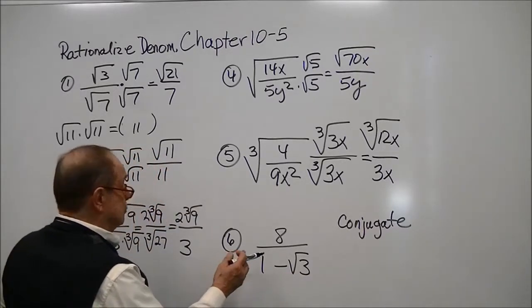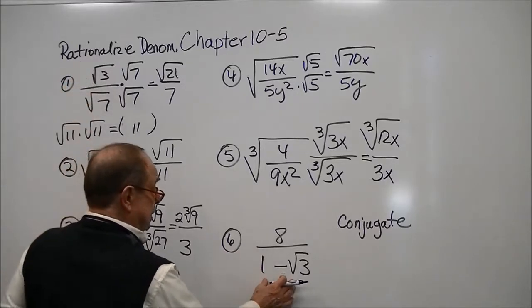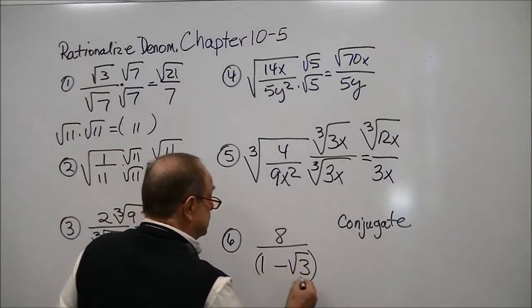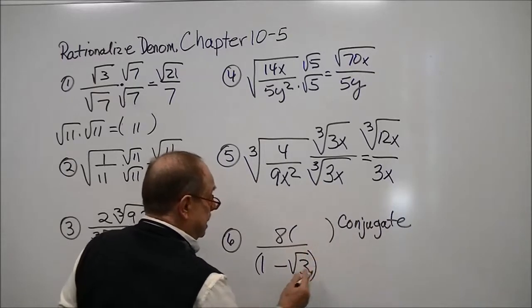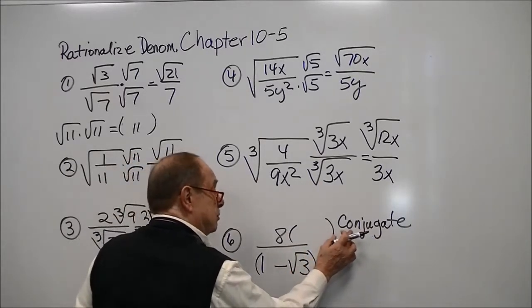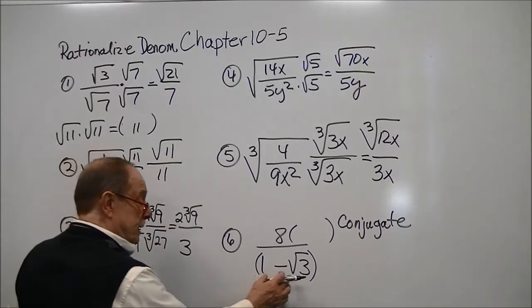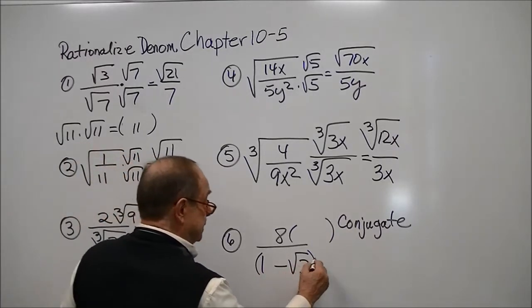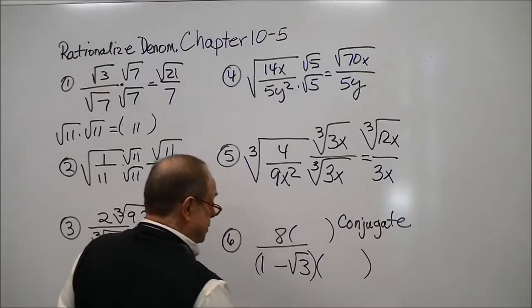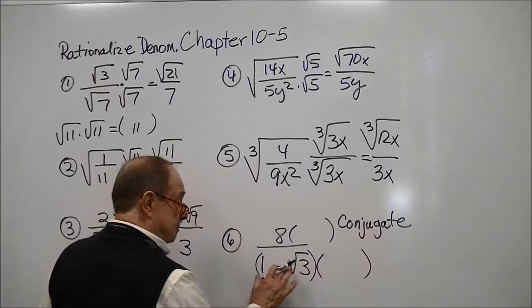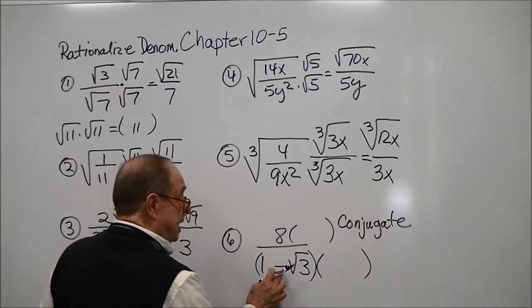So to rationalize binomials, we have to multiply them by their radical conjugate, we call it. And what is the conjugate of this? Well, as you recall, it's the same items, but the opposite sign.